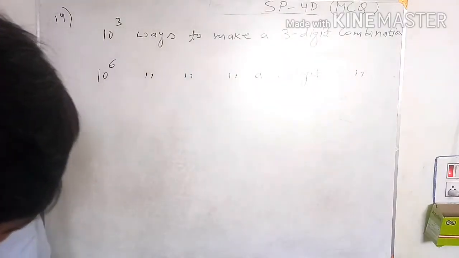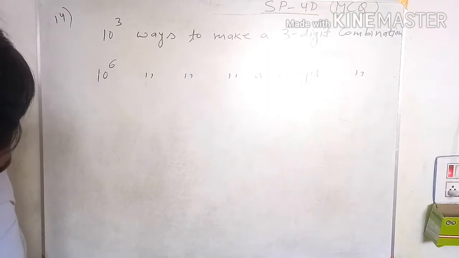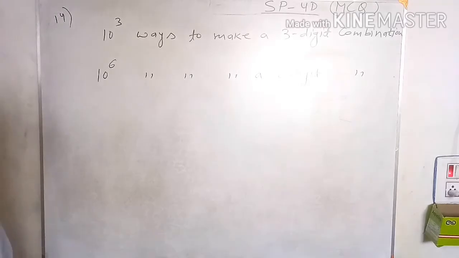Next, how many times more ways are there to make a 6-digit combination than a 3-digit combination? So here, how many more ways are there?